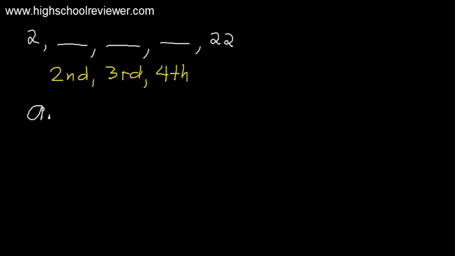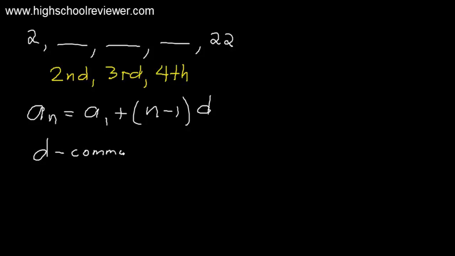We have here a sub n is equal to a sub 1 plus n minus 1 multiplied by d. So our d here is the common difference. Okay. So when we speak of common difference, it is the difference between two consecutive integers.